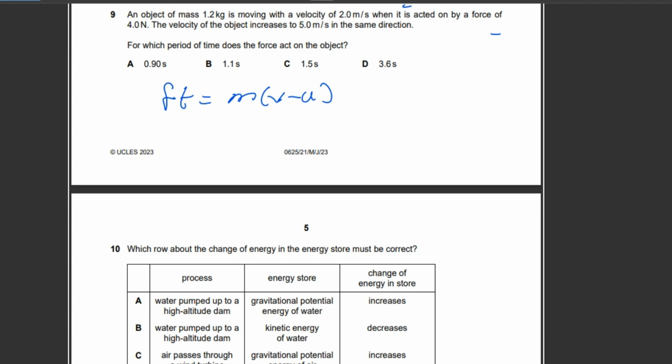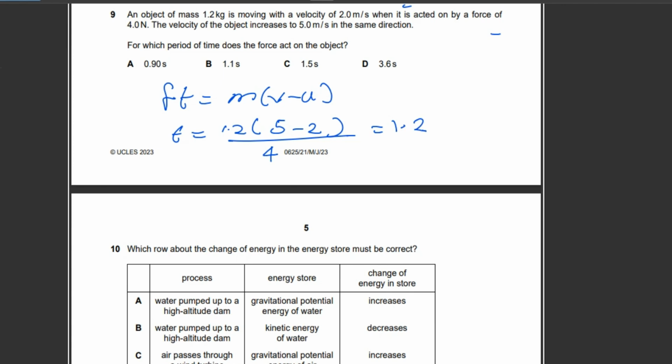So I can basically just do this and get my answer. I'll say this is 1.2 into the bracket of 5 minus 2, divided by 4. So that gives me what?